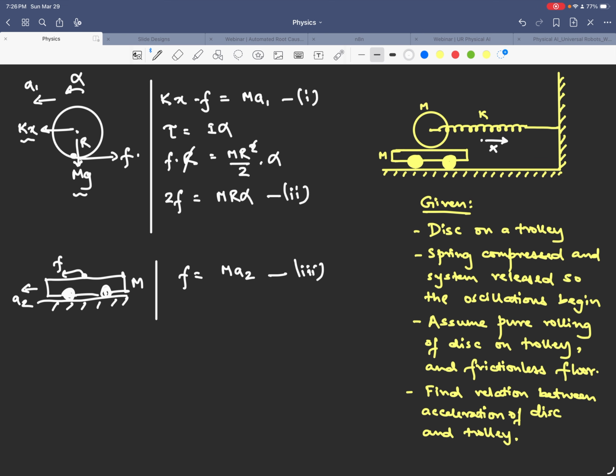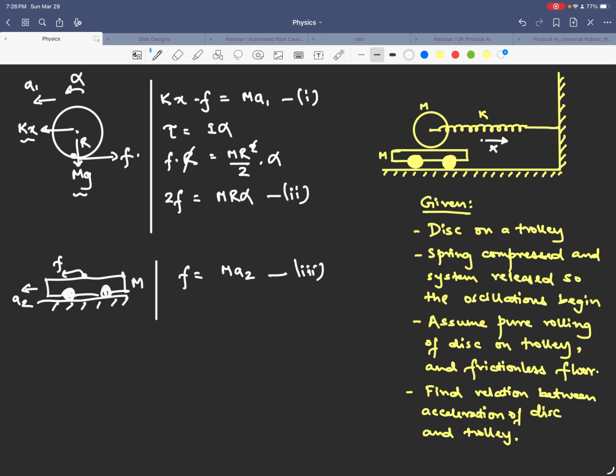In terms of pure rolling, we understand that usually we say that v equals r omega when a disk is rolling on the ground. But what's interesting to note is that this disk is not rolling on the ground. The surface on which it is rolling is in itself in motion, right?